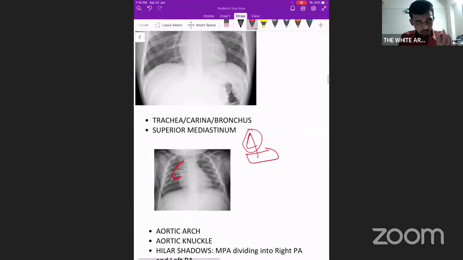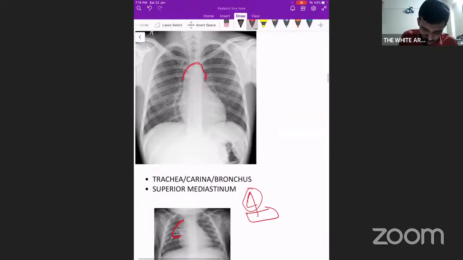Then you go ahead and look at the hilar shadows. Okay, hilar shadows. These are the hilar shadows. In the hilar shadows, what you get? You get nothing but the main pulmonary artery, dividing into right and left pulmonary artery and its branches. Okay, so these are the blood vascular markings what you get.